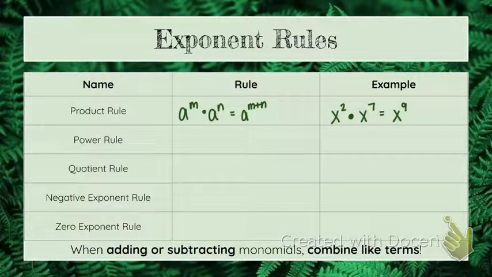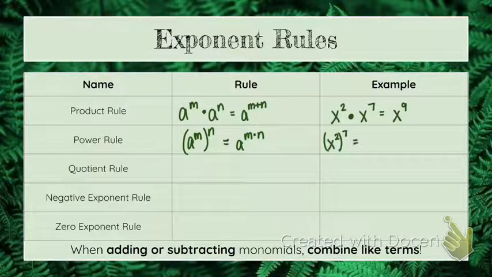The power rule, this is when you have a power to a power. So if we have a to the m power raised to the n power, we multiply those powers together. So in this case, if we had x squared to the 7th power, that would be x to the 14th.